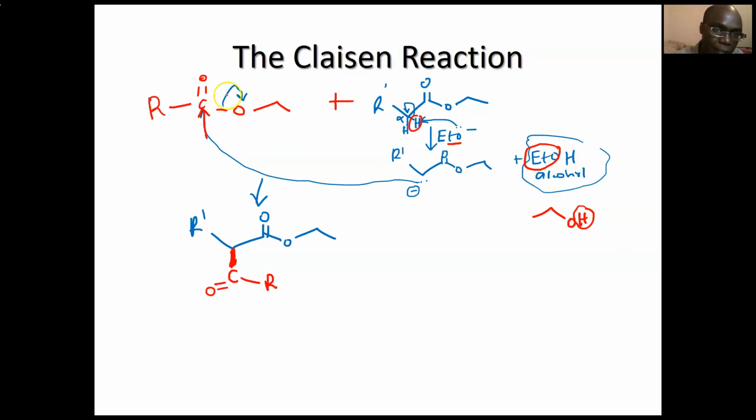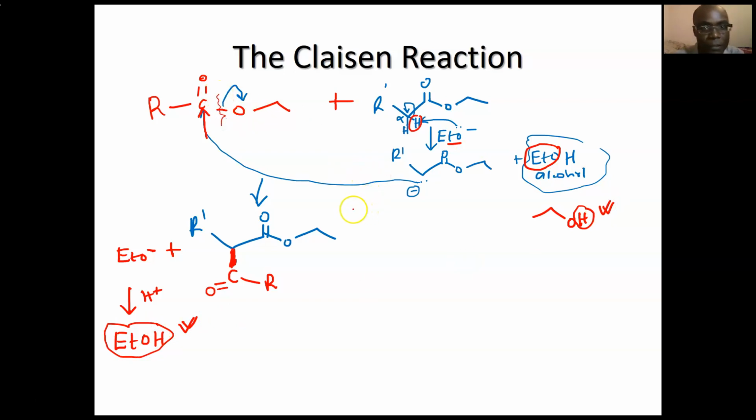And as this leaves, when you do this attack and this leaves, it gives you EtO minus, but that EtO minus is quenched by a second step to give you ethanol. So you still get ethanol here, you still get ethanol there. So that's why I said OEt will leave as ethanol. So that's the shortcut. Now let us do some examples based on what I just showed here.